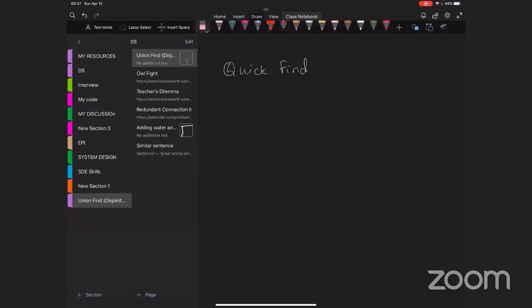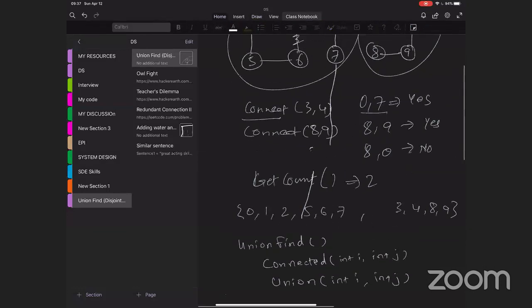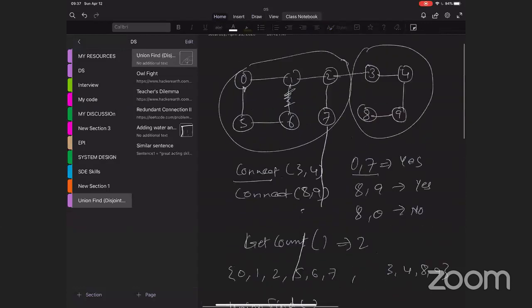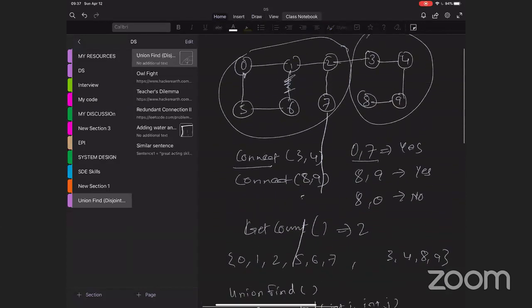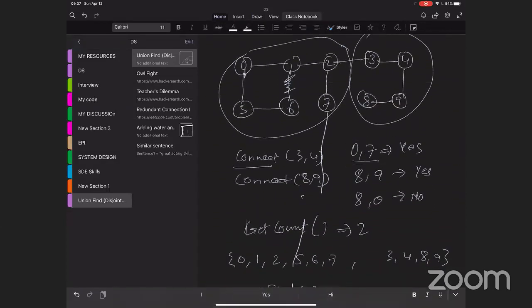By the way, we did not answer one question. Let me go above. When we are asking whether 0 and 7 are connected or not, how is it going to answer us? Basically, we are going to ask if 0 and 7 belong to the same set, exactly.